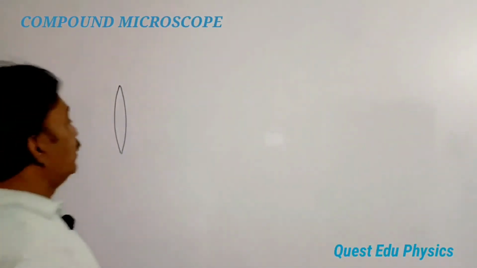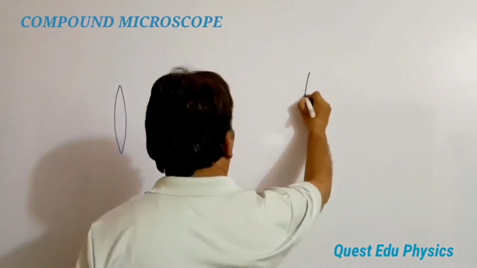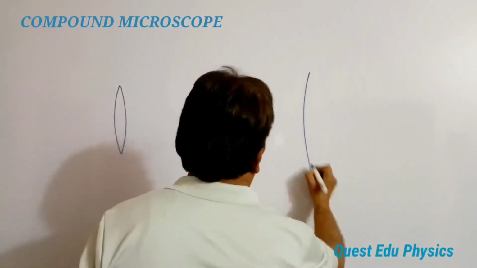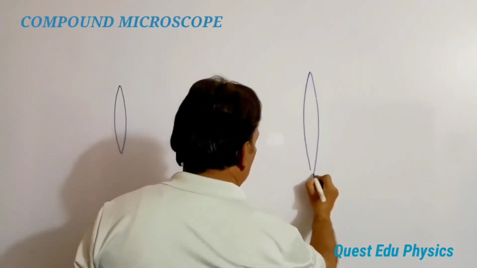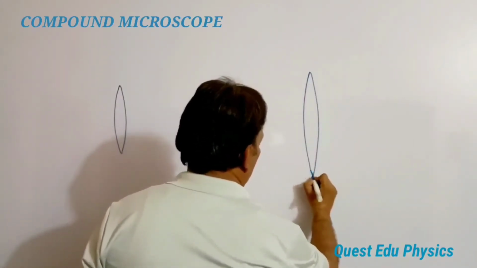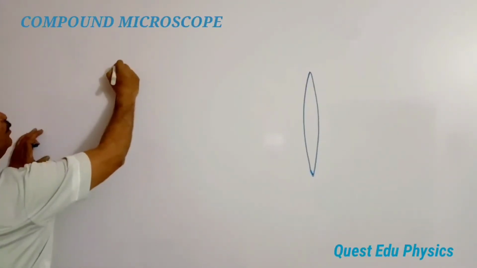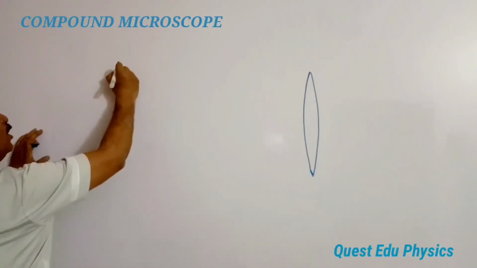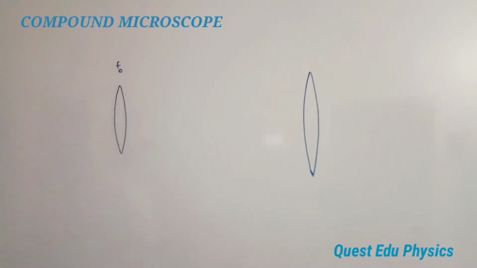The second one is also a double convex lens. These are the two lenses, students. This one is known as the objective lens. It has a focal length of f, and it is the objective, that's why I'm writing it as f_o.